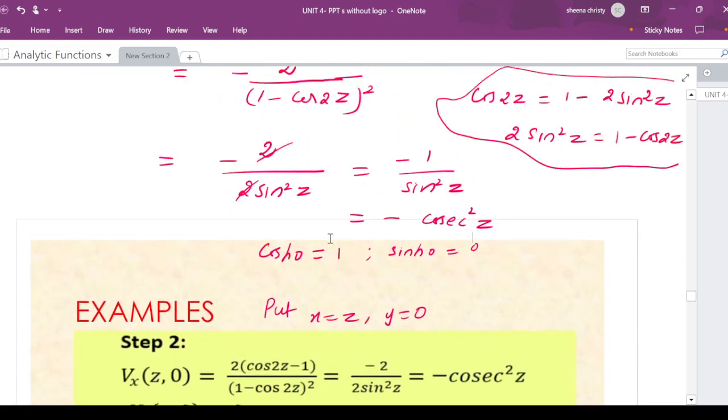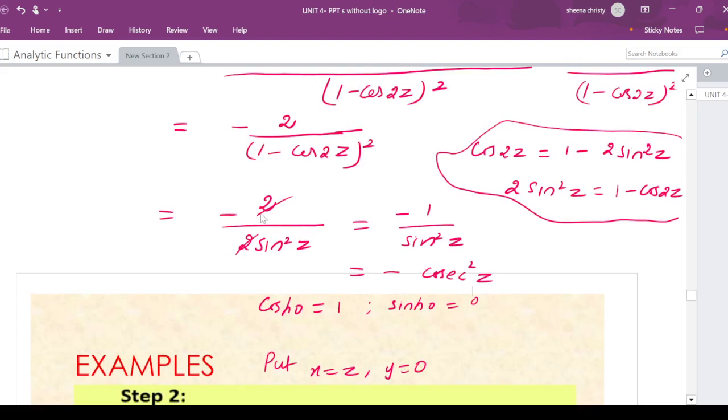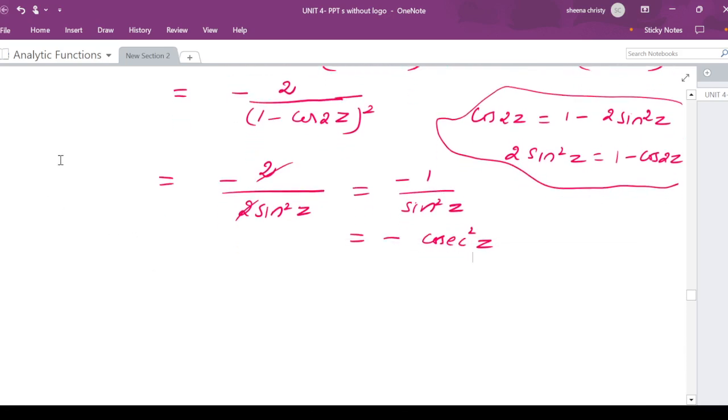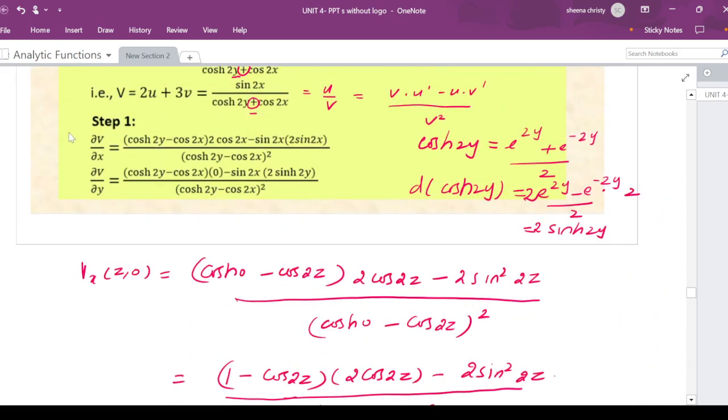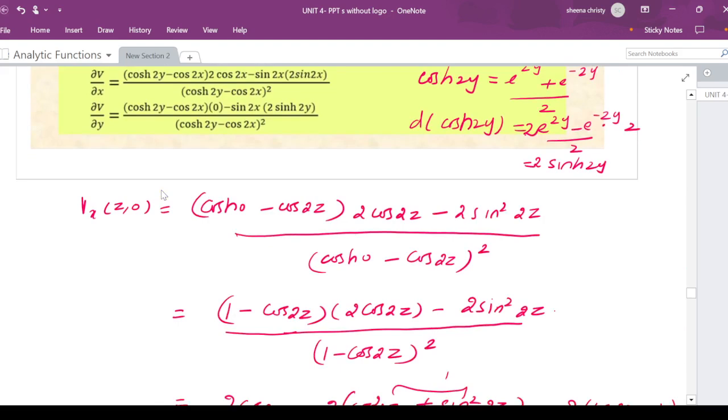Now, how to find Vy of z comma 0? Vy we already found out. So Vy you are going to find at x equal to z and y equal to 0. So put x equal to z, you will get cos 2z. This term is 0, the first term is 0.